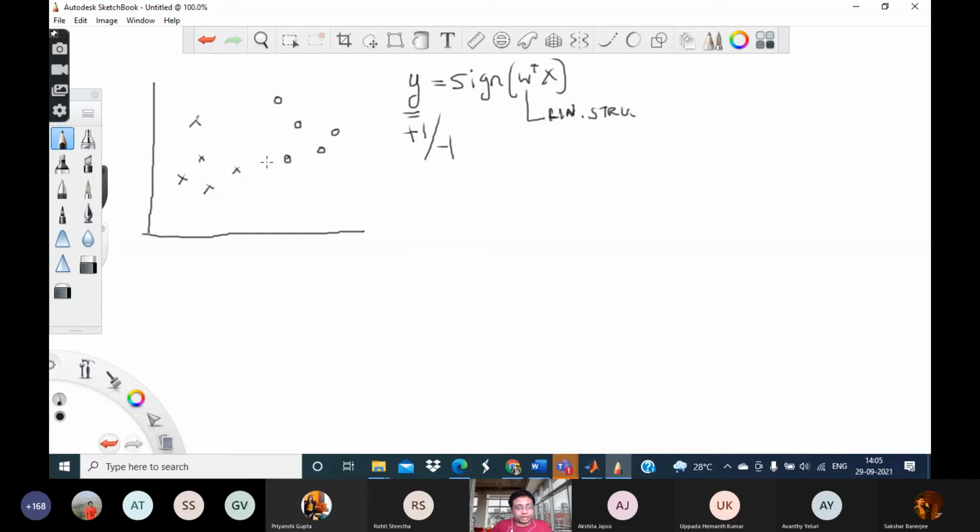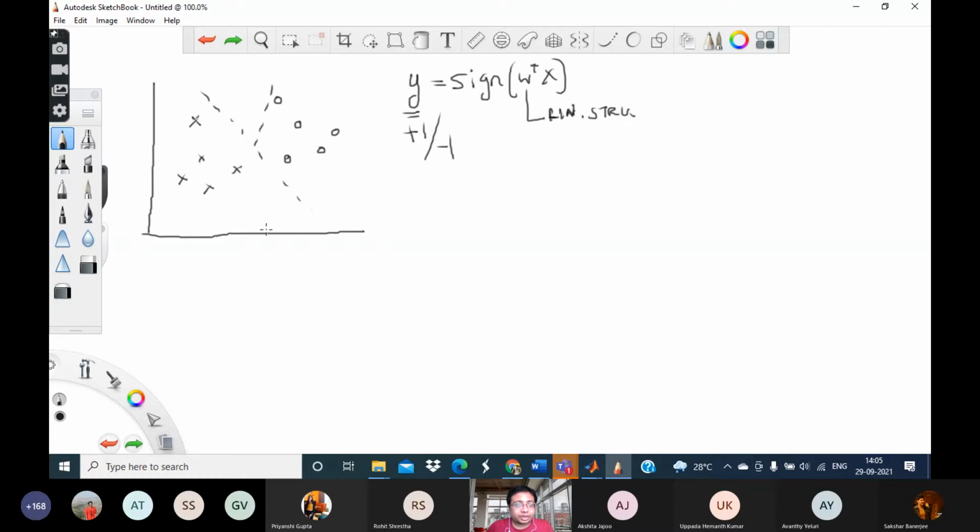Now the question is, how do I find a linear classifier which will be able to separate the two classes in the data set? If I am interested in finding any single linear classifier that will separate the two classes, I can go for the perceptron algorithm. It will give me some line. It may be this line, it may be this line, it may be the vertical line, anything.